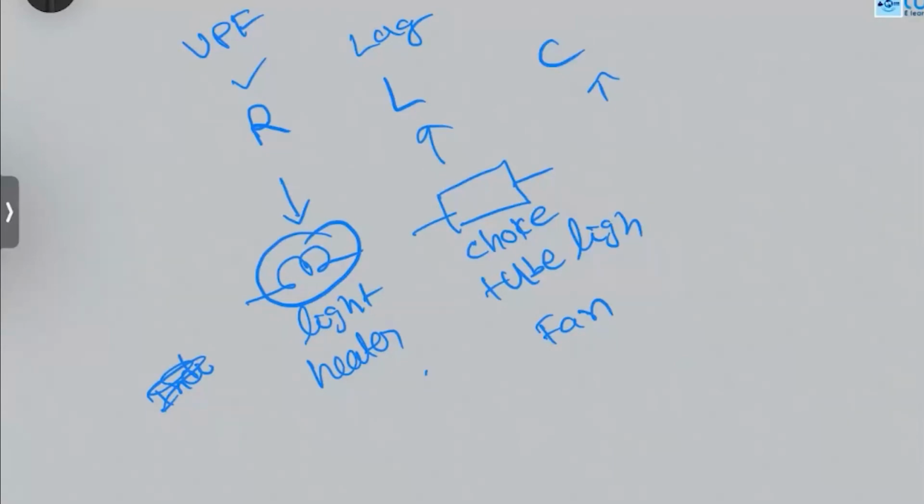Geysers again come under lagging power factor. Nowadays, whatever geysers we use in our home appliances are lagging power factor. Heater means a coil type heater. The structure will be like this. This type of heater comes under resistive load, so that is UPF. Wherever capacitance is involved, that is a leading load.